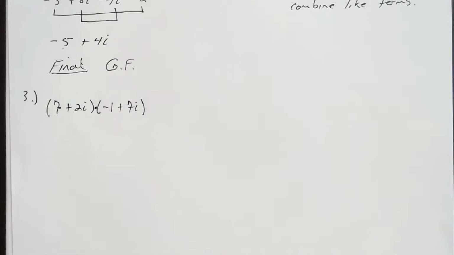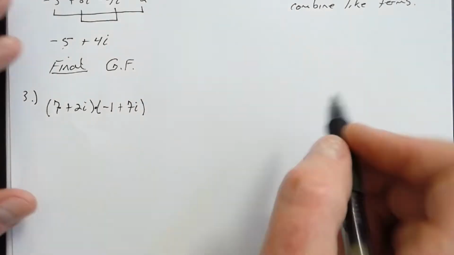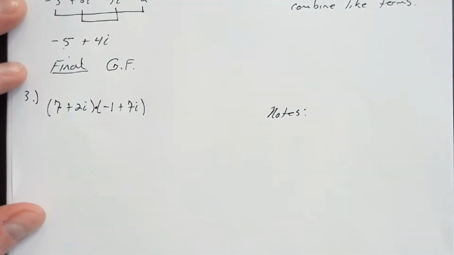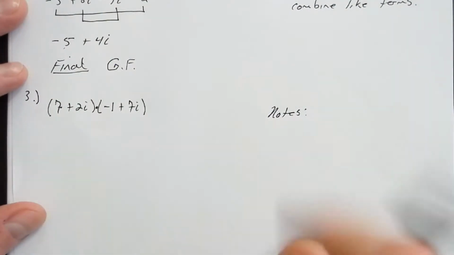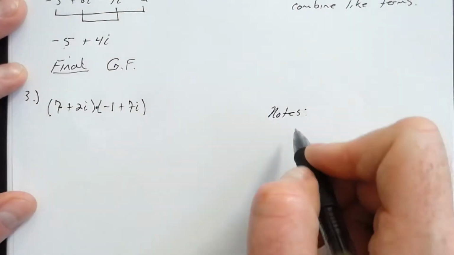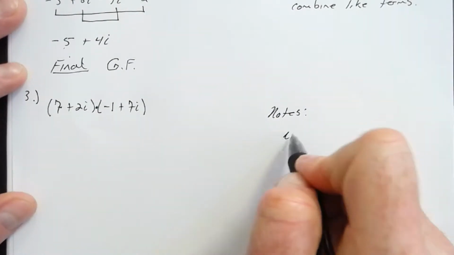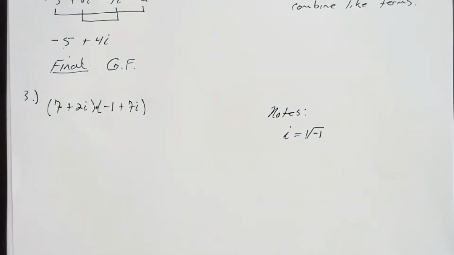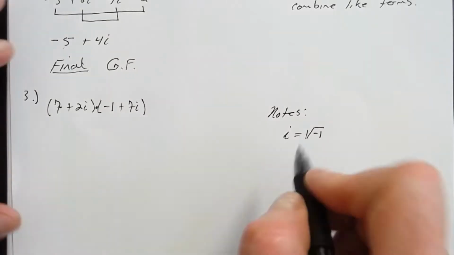There's a couple things that we need to know first, though. So some notes. i is equal to the square root of -1, and i squared is equal to what?